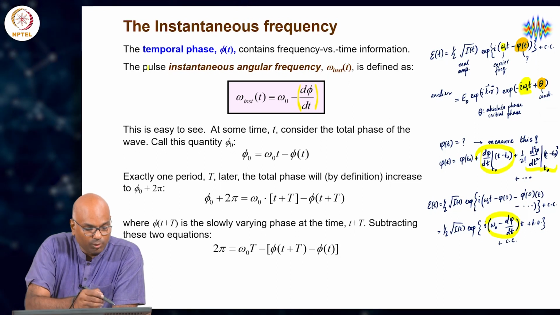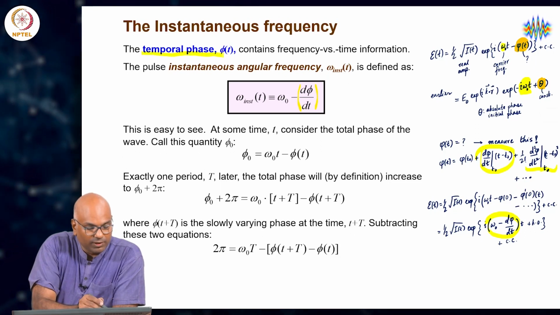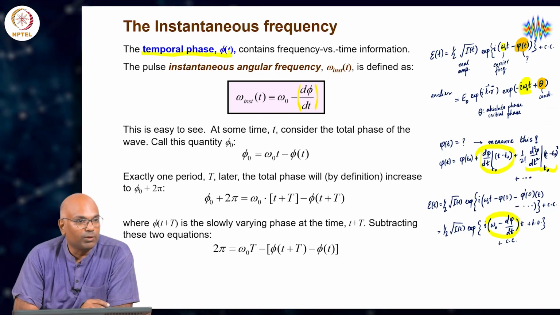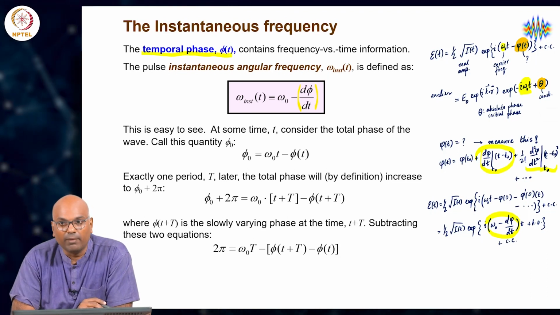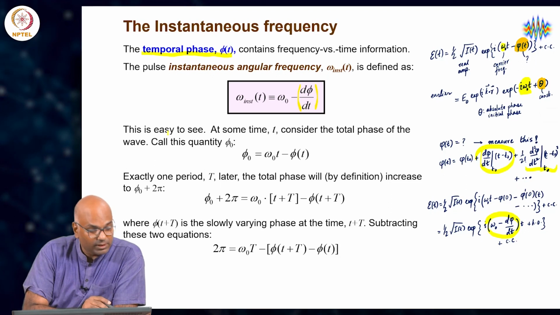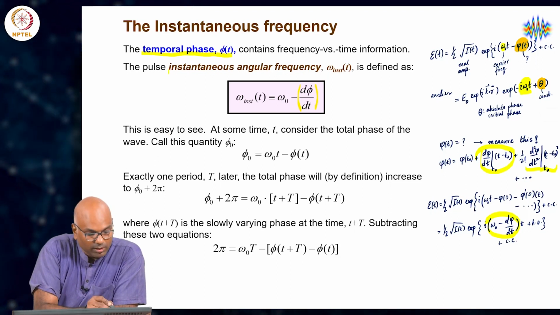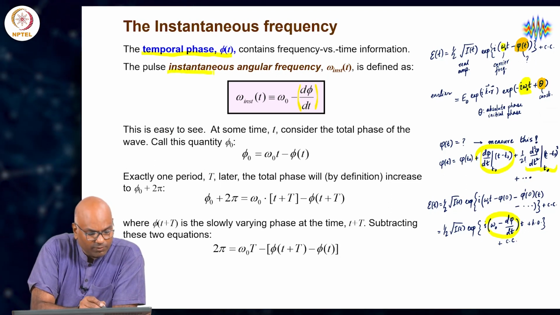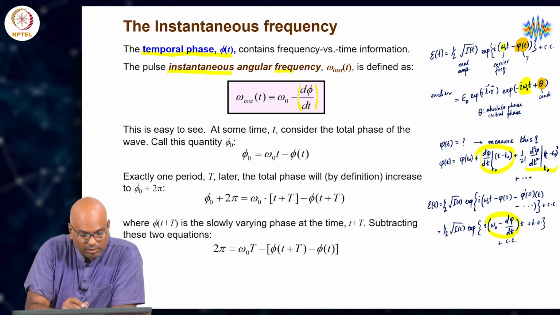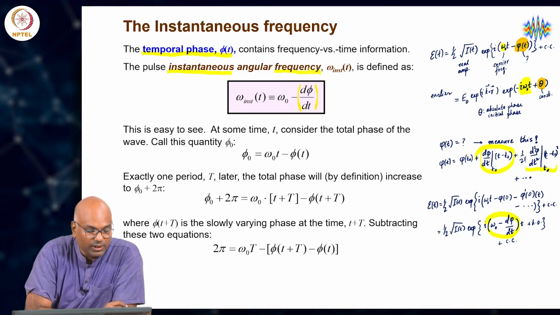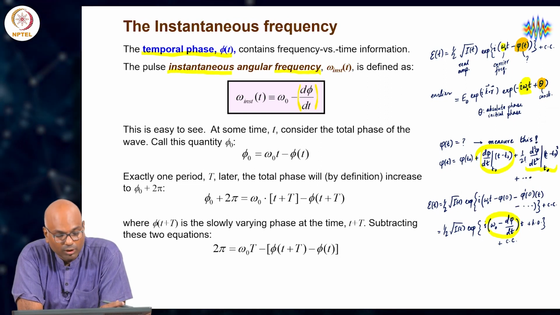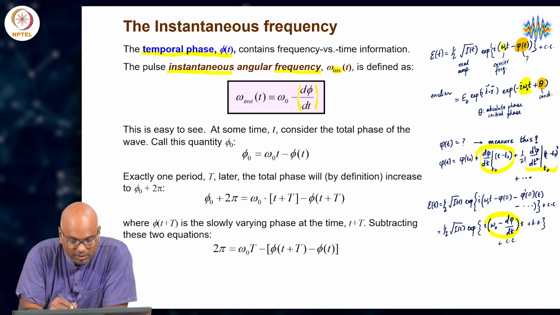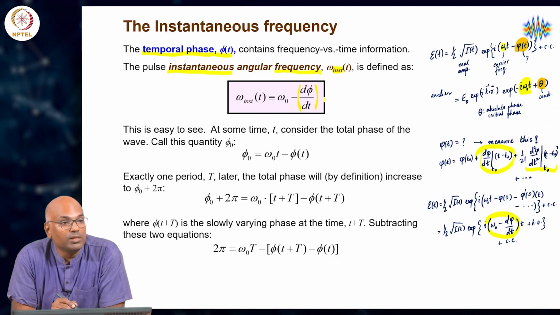So, this temporal phase function phi of t is, if you wish, the culprit who makes life more challenging. But once you admit that into the game, we must admit to the concept of an instantaneous frequency, instantaneous angular or instantaneous cyclical frequency, omega instantaneous of t or nu instantaneous of t.